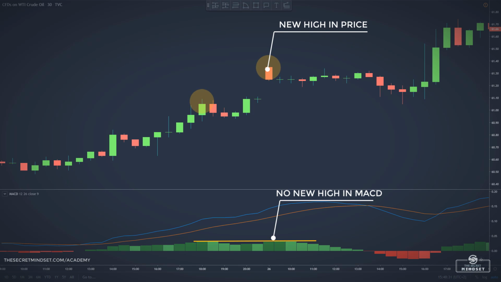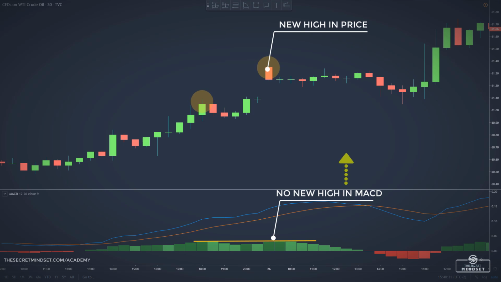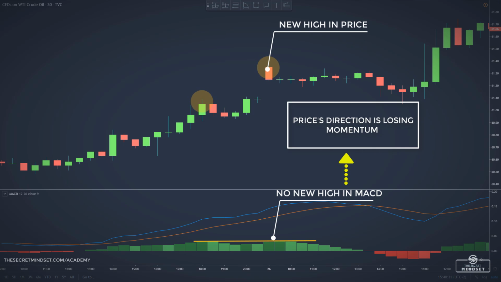After all, the markets are driven by momentum, and the momentum is the force that oscillates between highs and lows, and thereby brings the changes in the price action. Traditionally, this would indicate that the price direction is losing momentum and is priming for a reversal. But on its own, this can also prove to be an unreliable trading signal.